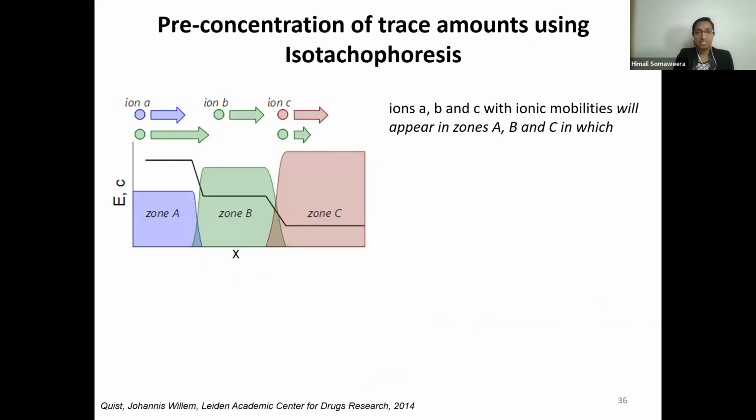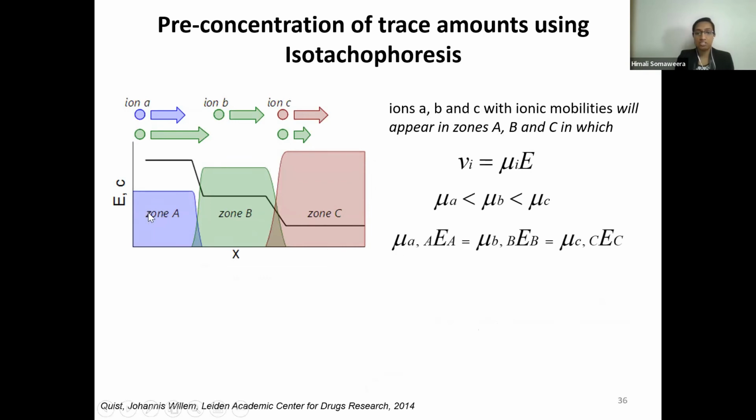So what happens here? Pre-concentration of trace amounts. Here, ions A, B, and C have different mobilities. A has the lowest mobility and B is in between A and C. So this method has a self-correcting mechanism.